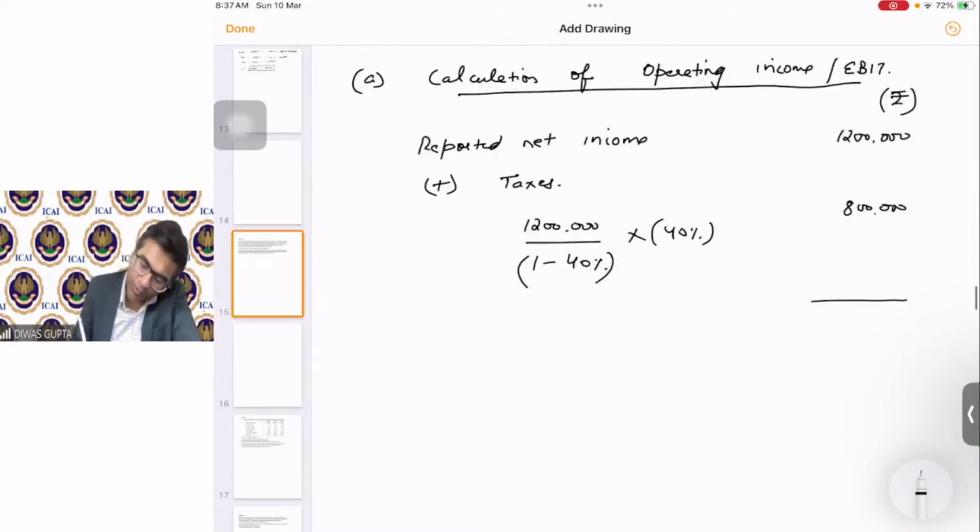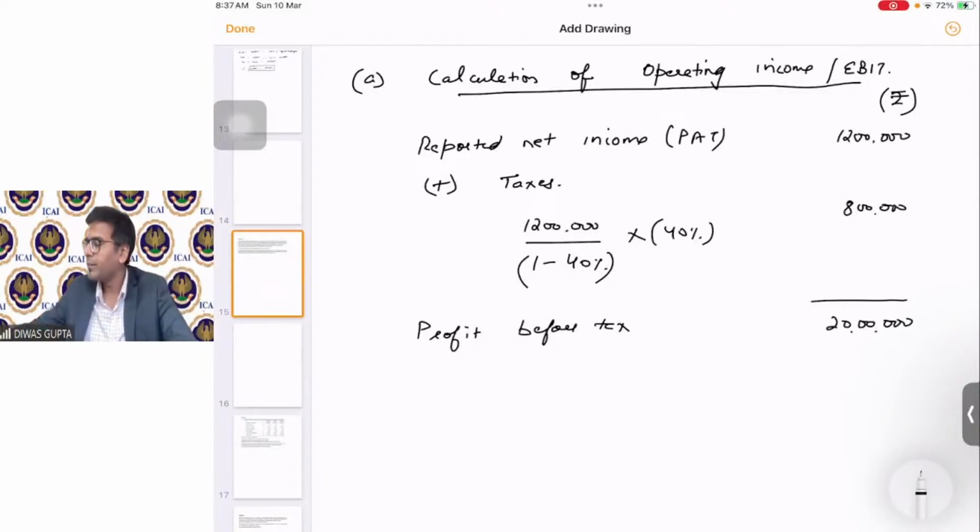So the profit before tax is 20 lakhs. Okay, we arrived at PBT using this, which is 20 lakhs.